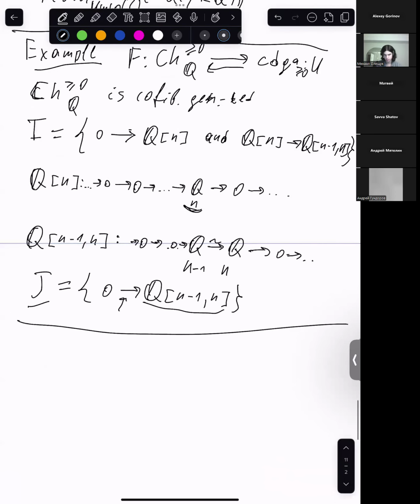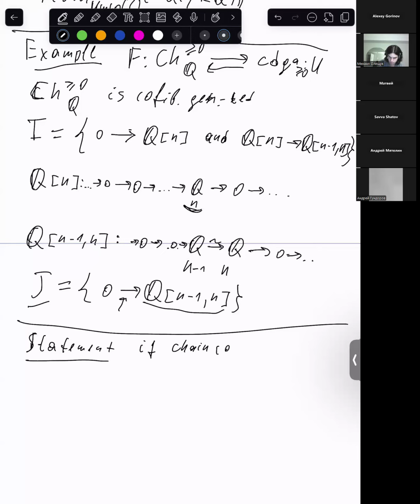I state the following: if a chain complex is finitely generated as a vector space, then it is small.